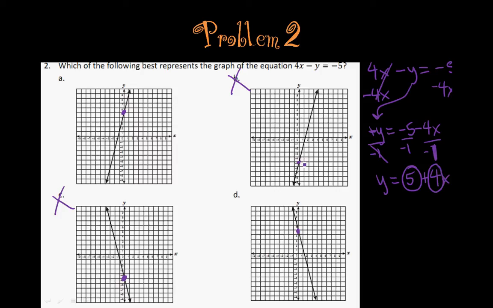Actually, you could stop there because you see that your slope is positive 4. And if you look at D, that slope is going to be negative because it's going downhill. So you really don't even have to find the slope. You can see that if it's going uphill, it has to be positive. So A is the only one that has this y-intercept of 5 and then a positive slope.